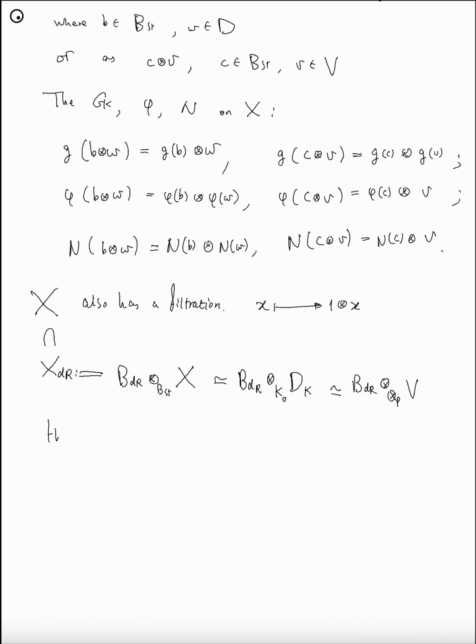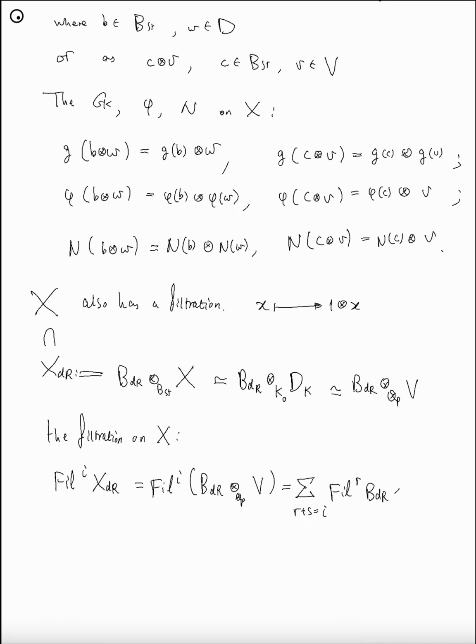And the filtration is given by, or reduced from, the filtration of B_dR tensor over Q_p, which is, for r plus s equals i, Fil^r B_dR tensor Fil^s D_K.